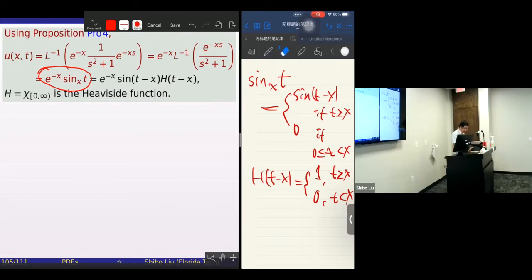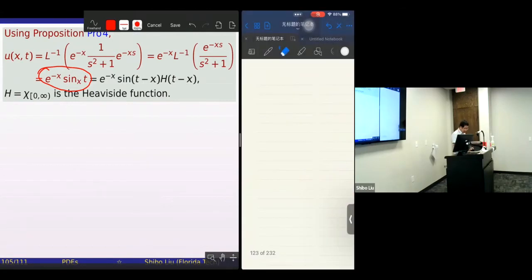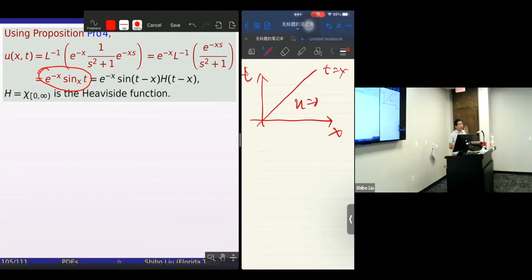This solution means that our domain is this x, t plane. We have the line t equal to x. Then u is 0 below the line, because when t is not greater than x, H is 0.